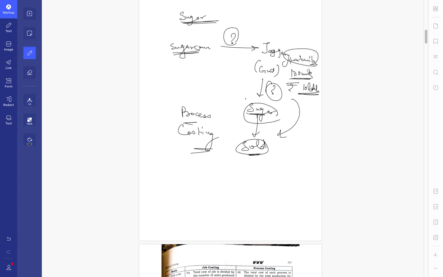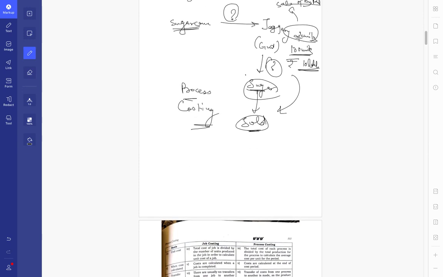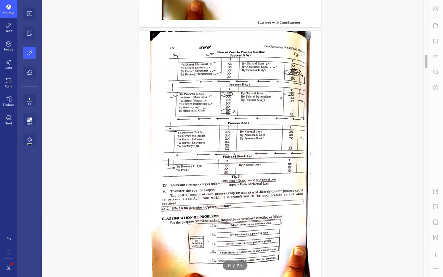Here only, you have a buyer of these 2 units of jaggery and you are selling it off directly. So that's sale of byproduct. When you are selling this byproduct, you need to record it at cost. You record it at cost in your process B account, and the balancing figure again gets transferred to process C.